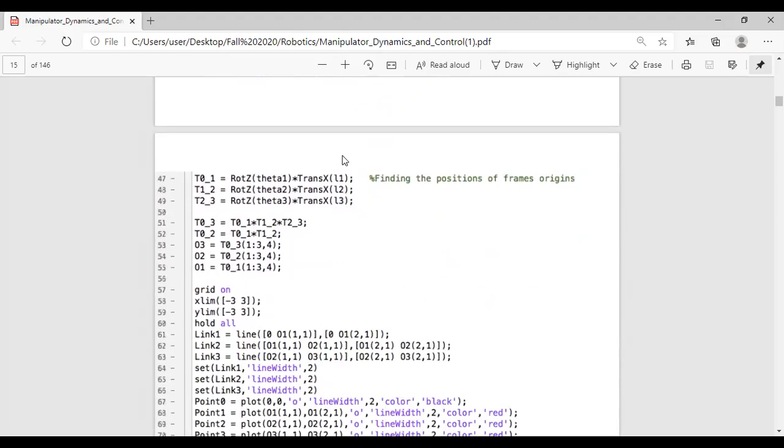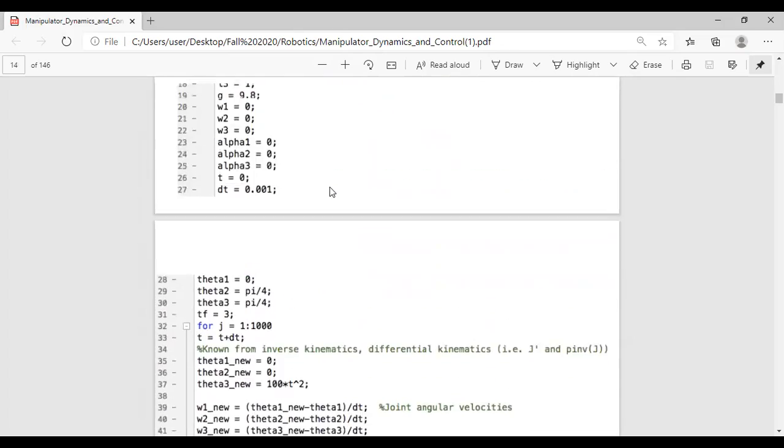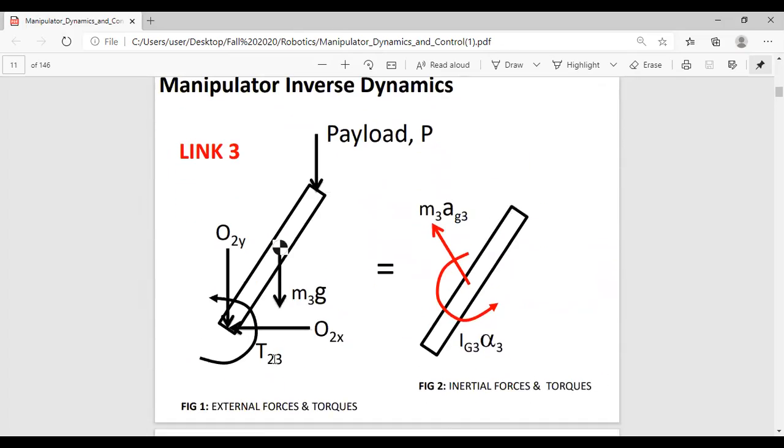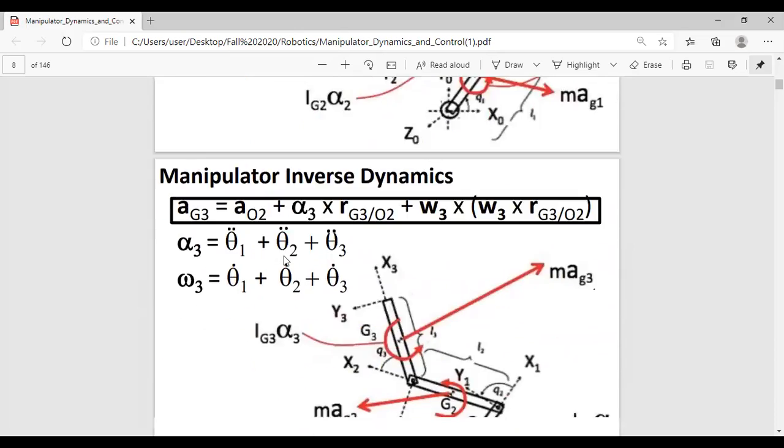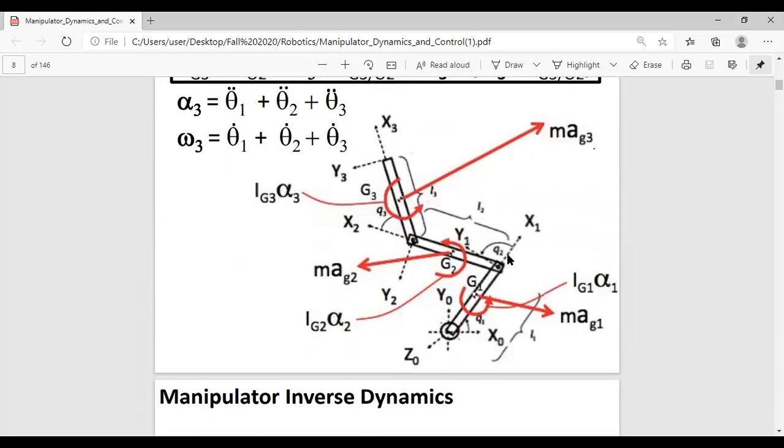Then I do my rotational transformations, and these are pretty simple. In this robot, you simply rotate about z and then translate along x, right? We've done that a lot. So this is my robot: rotate about z, translate about x, three times. If you want to find the coordinate point G1, you rotate about z and translate along x by simply ln over 2, right?